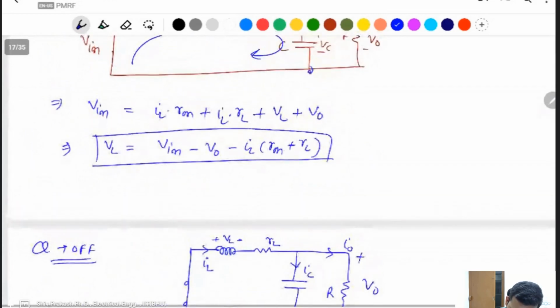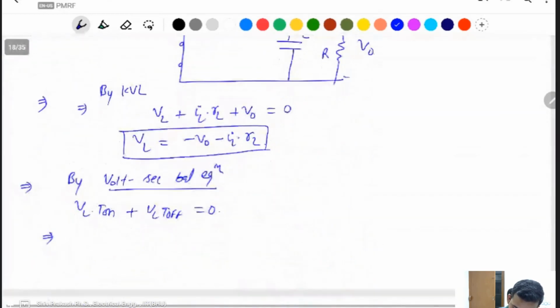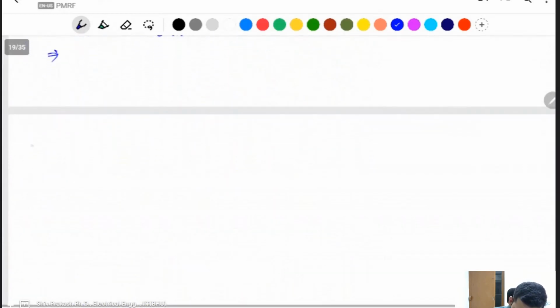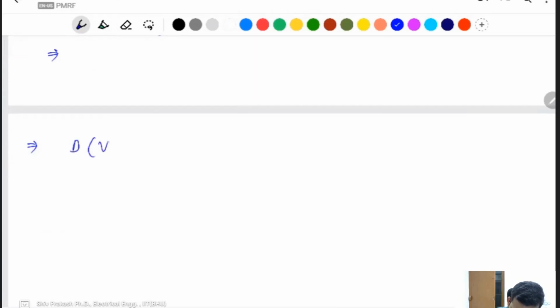T on is when the switch is on, D into Vin, written here, left and right here, D into Vin minus Vo minus IL into (R on plus RL).